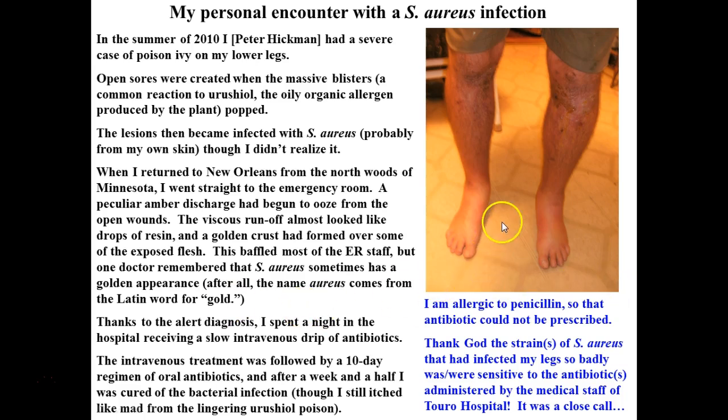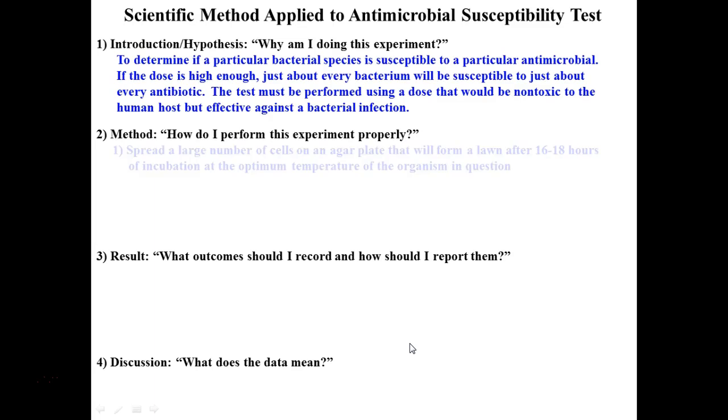So one of the docs recognized that, said it's probably a staph infection. And they had to, of course, put him on a different antibiotic than penicillin because he's allergic to it anyways. Yeah, double whammy. So that's our scientific method for antimicrobial susceptibility testing.